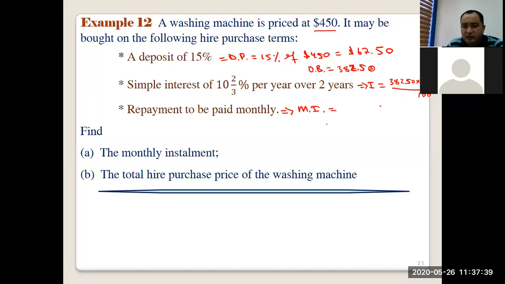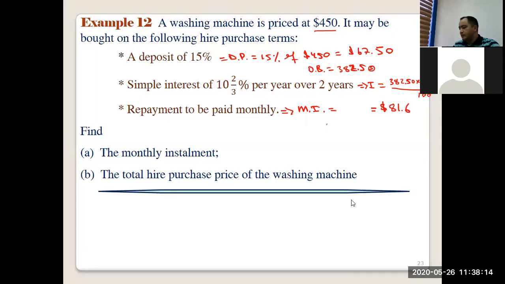So if you just evaluate this, let me write the answer here: 382.5 times the fraction 32/3 and times 2 over 100, which is equal to 81.6.